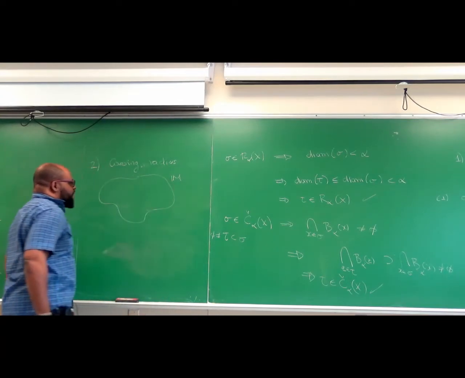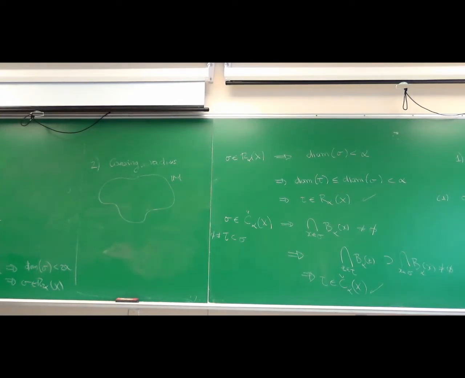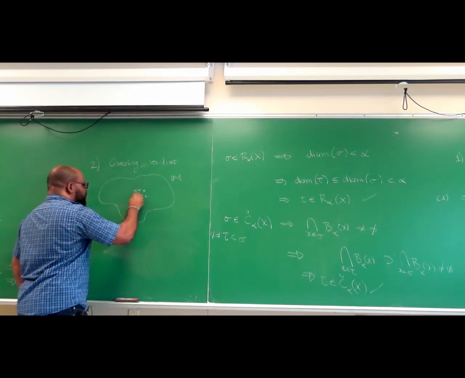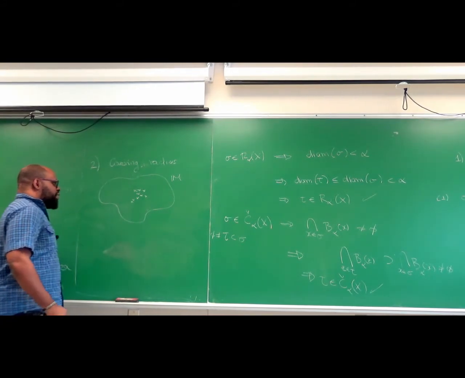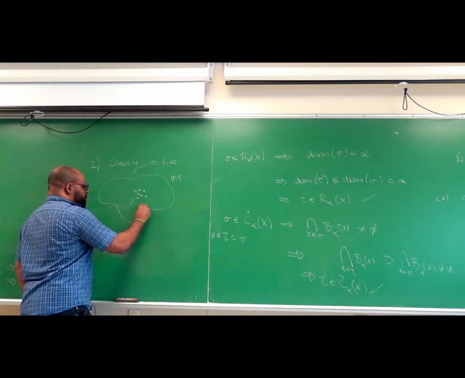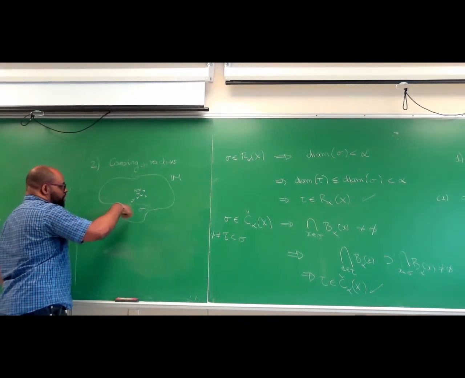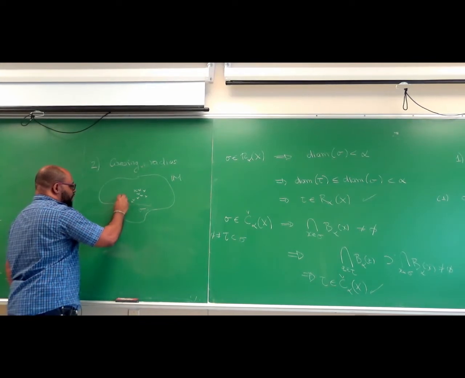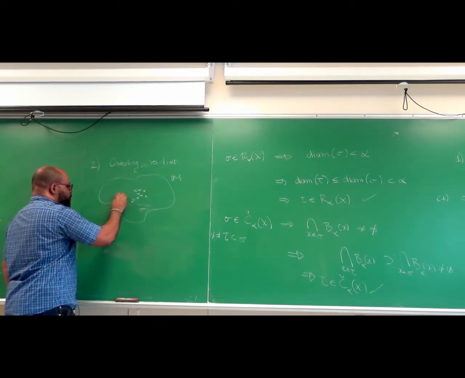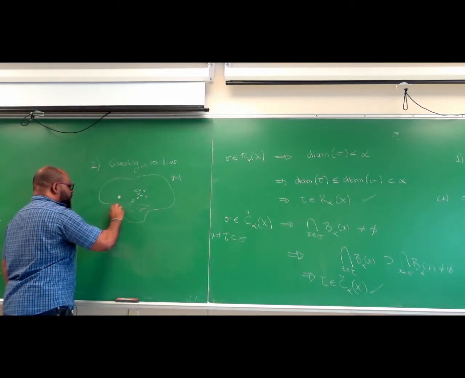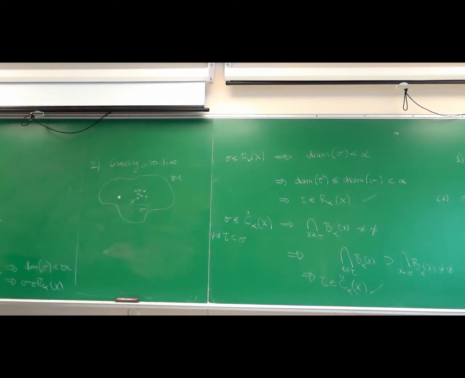So you have your ambient metric space M, and you have a collection of points, maybe like that. And these guys are sigma. So you're looking for a ball that contains all of these guys. So perhaps you put a center in here, and you draw a ball that contains them. And you're like, okay, great. That is a ball that contains the points.